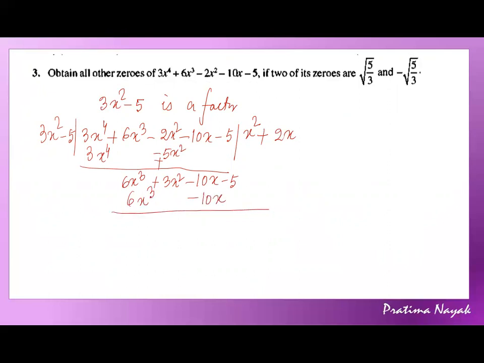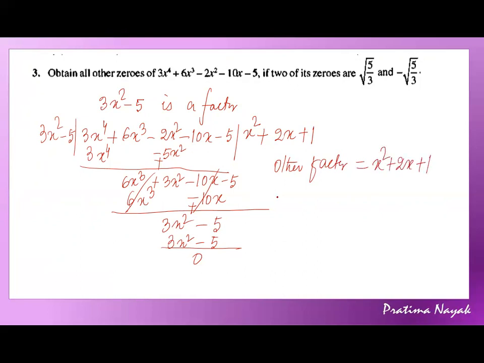Then subtraction, it will be 3x square minus 5. Then I'll go for 1. So 1 times 3x square minus 5. So remainder is 0. So we'll write other factor is x square plus 2x plus 1.